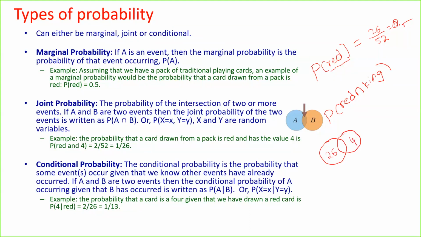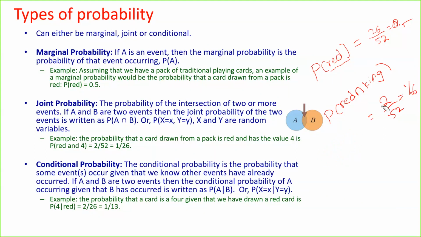So you look for the intersection of both red color and king cards. How many red color king cards are there? Only 2, right? So the total number is 52 and red color king cards is 2. So 2 by 52, this is 1 by 26. This is the joint probability, which is the intersection of two or more events, right?